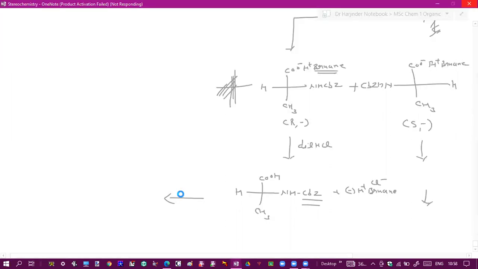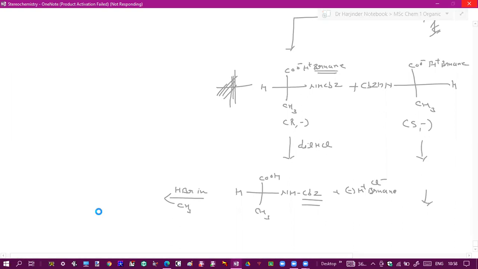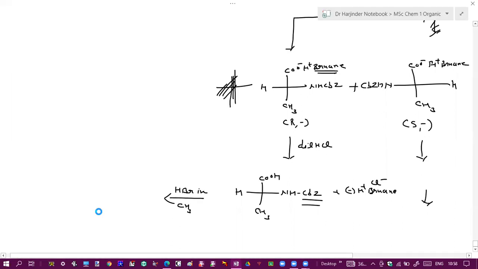Always remember, HBr in acetic acid can be used to remove the CBZ group. So this will give rise to the pure enantiomer. And by using the same steps, you can get the S enantiomer.